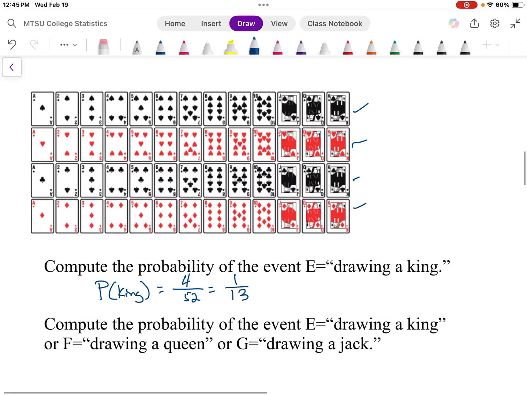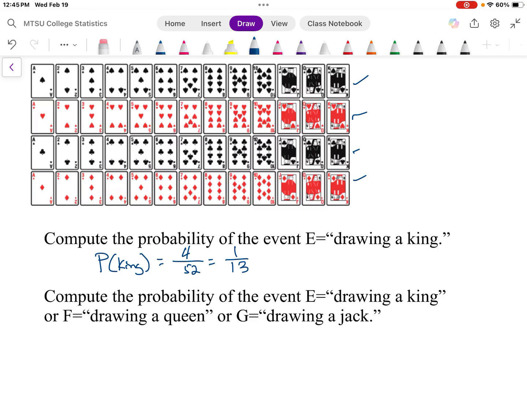Now we have a problem where it says compute the probability of event E drawing a king, and let F be a queen and G be a jack. Okay, well, great. So what's the probability that I get a king or a queen or a jack? I know they used E, F, and G, but I can just take the probability of each one.